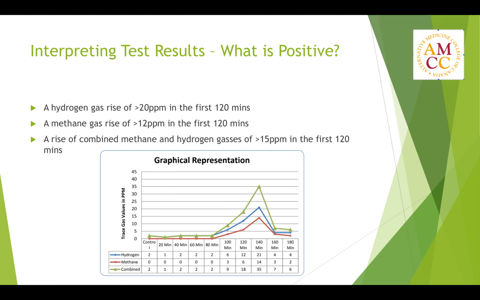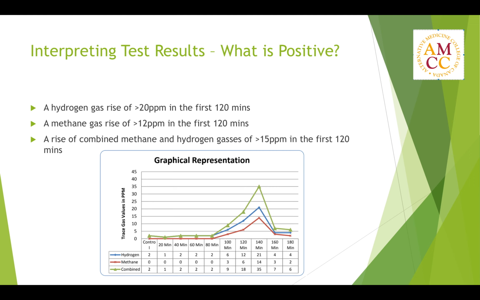Every little triangle represents the amount of gas at 20 minutes, 40 minutes, 60 minutes, 80 minutes, etc., after having drunk the solution. The first one is the control, just to ensure the validity of the test. And the y-axis is the concentration of gas in every tube at every point in time.